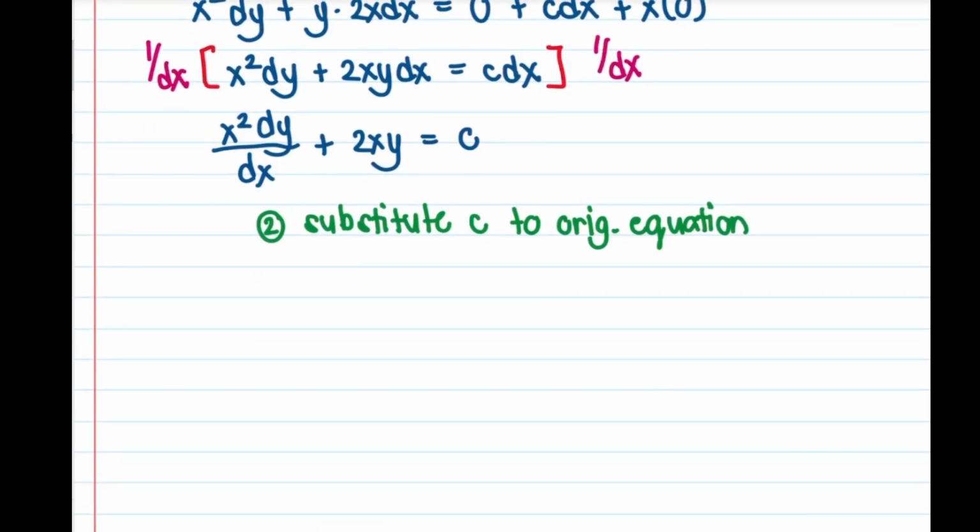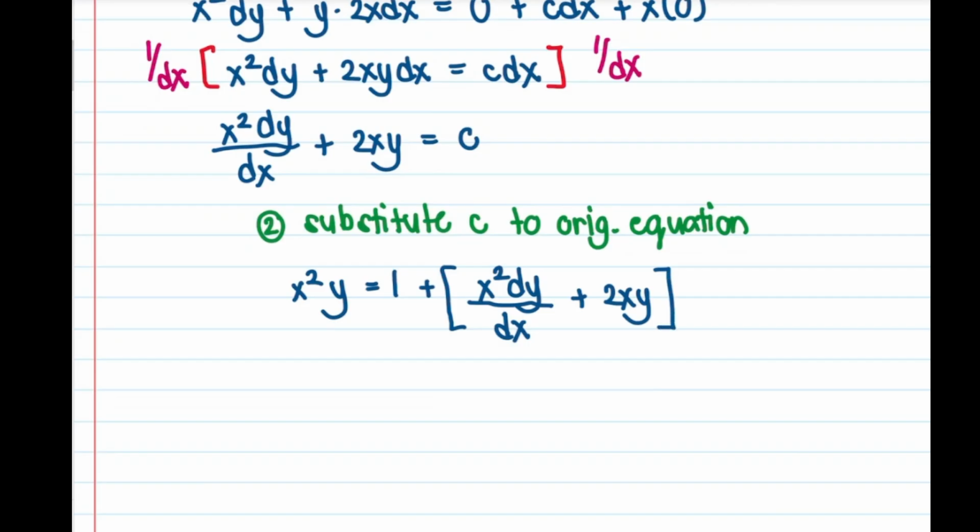Okay, so let's substitute c to the original equation. That one will be x squared y equals 1 plus c. What is c? c is x squared dy all over dx plus 2xy multiplied to x. So let's distribute x.